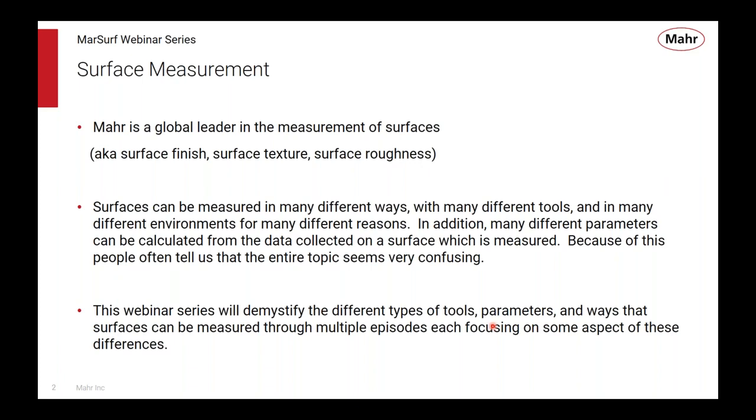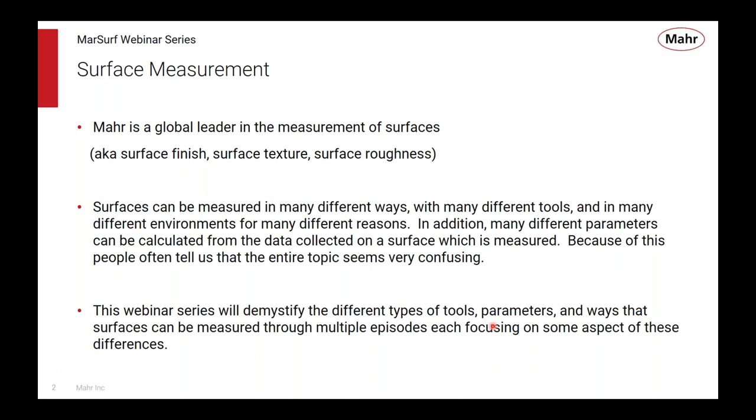And if you're tuning in, you're probably familiar enough with surface measurement to know that surfaces can be measured in many, many different ways with different kinds of tools. You might do it in different environments and for different reasons: manufacturing a product, designing a better product. And you can use all kinds of different parameters that you can calculate from the data measured on the surface.